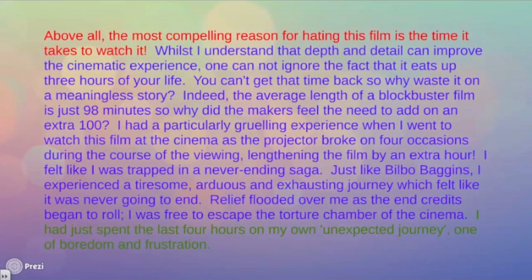Then we've got lots of supporting sentences to back up what I've said about the time. And then the final sentence, I had just spent the last 4 hours on my own unexpected journey, one of boredom and frustration, is my concluding sentence. So it links to the topic sentence because it talks about the length of time that I'd had to sit through, but it says it in a different way.